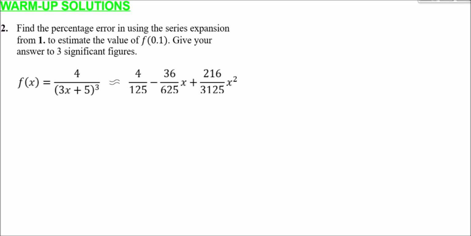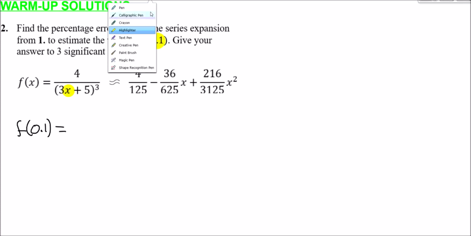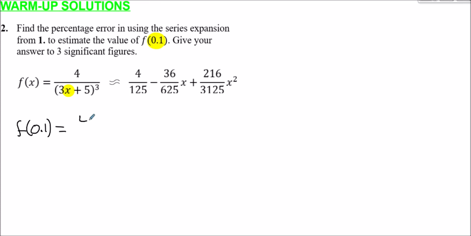So first of all, we can work out exactly what f of 0.1 is. Just plug in 0.1 for x. So f of 0.1 would be 4 over 3 times 0.1, which is 0.3, plus 5 is 5.3. So f of 0.1 would be 4 over 5.3 cubed.